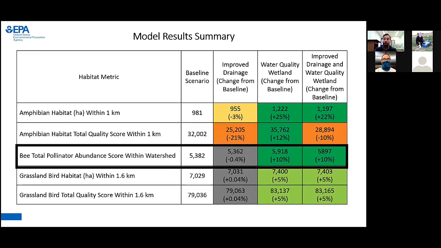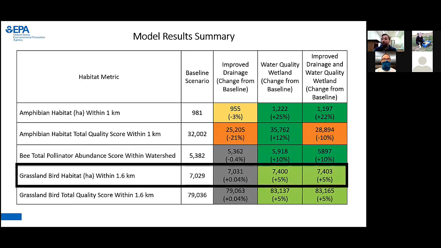Wild bee total pollinator abundance across 10 different species or genera experienced minimal declines in relative abundance due to drainage improvements, but increased by 10% in scenarios with water quality wetlands. And then finally, grassland bird habitat experienced minimal gains due to drainage improvements, but adding water quality wetlands increased habitat and the total habitat quality score by 5%.